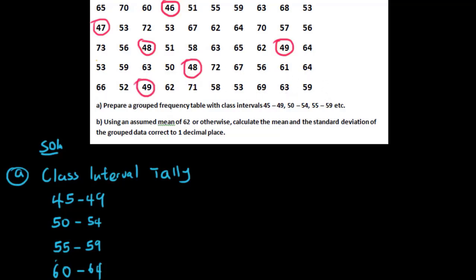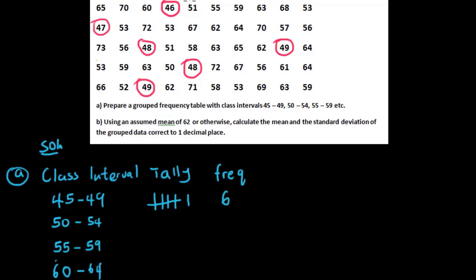So I've got 6. So I can put tally 1, 2, 3, 4, 5, 6. Do you understand? So we'll be having frequency 6.